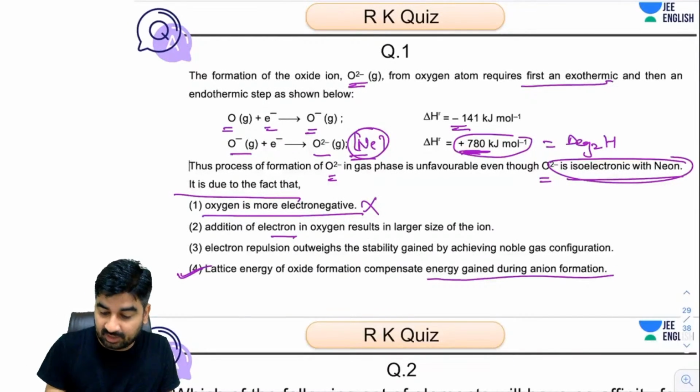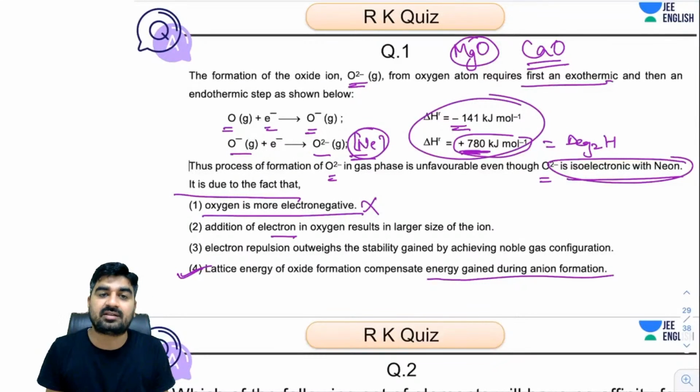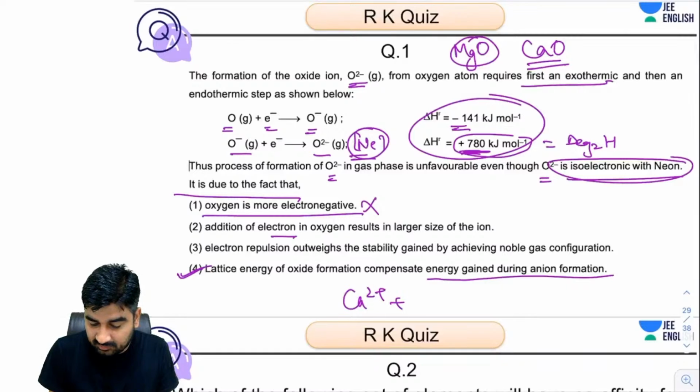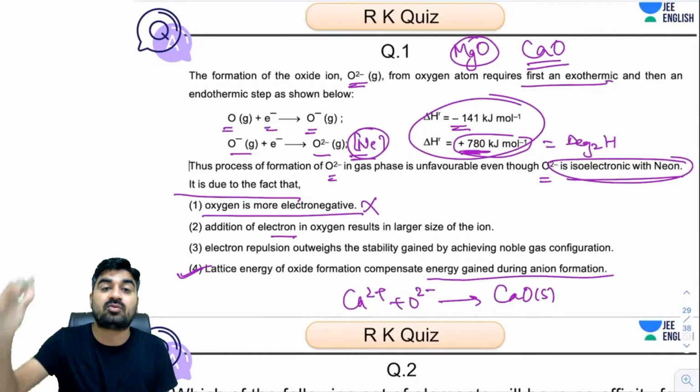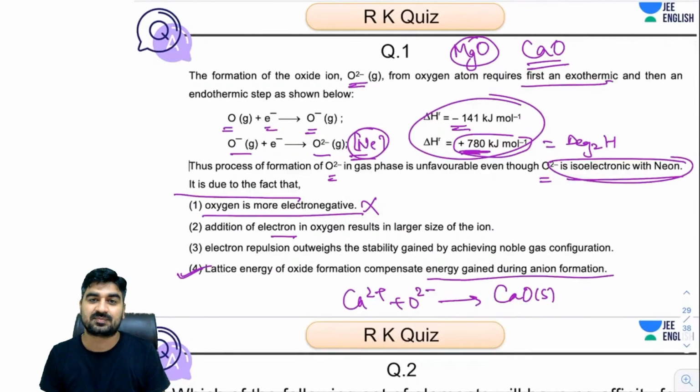Right, now let me tell you, when some oxide is formed, if you add the steps, the total energy will be positive. But when this reaction takes place and solid oxide is formed, a huge amount of energy is released, and that energy is called lattice energy.